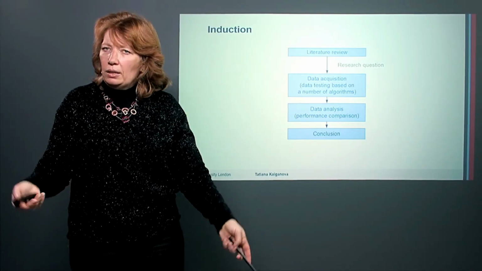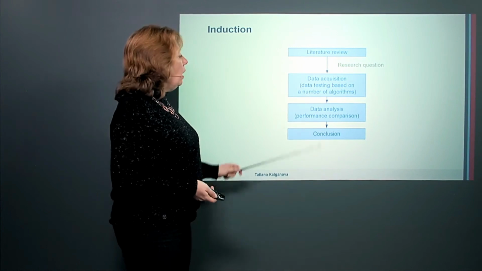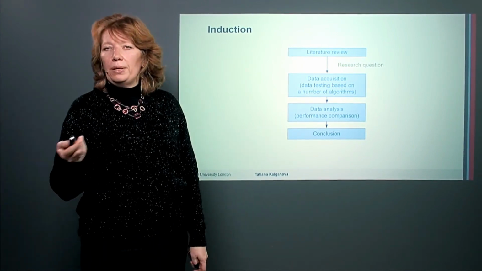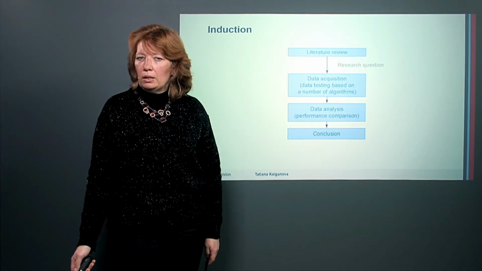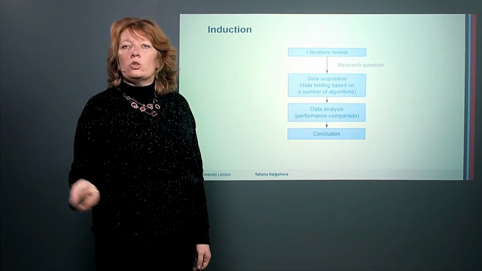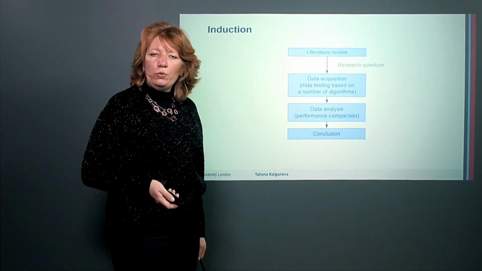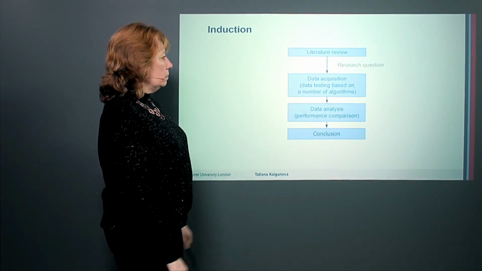And I will have benchmark data, which I can use to test algorithms. Based on this, I will do data analysis. I can do, for example, performance comparison using statistical performance, classical performance measures and markers to understand how well different algorithms perform. Based on this analysis, I will get a conclusion.